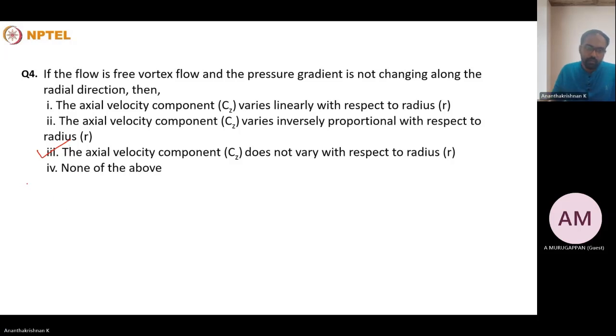Before going to the derivation for the case of the free vortex flow, we will derive the mathematical equation for radial equilibrium for incompressible flow.